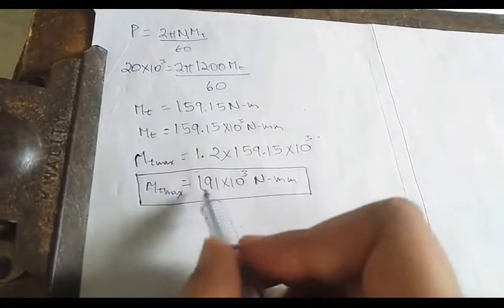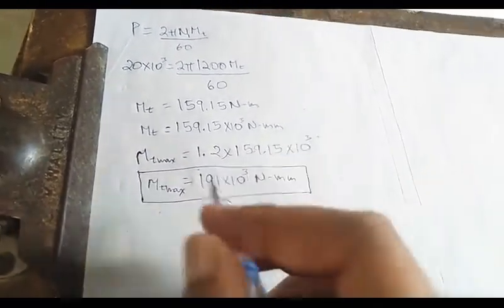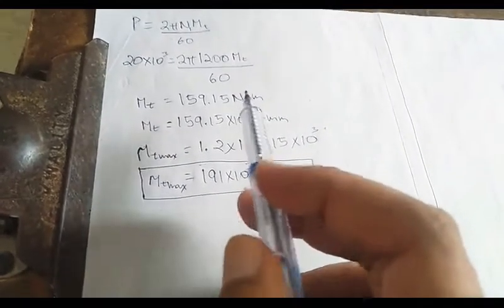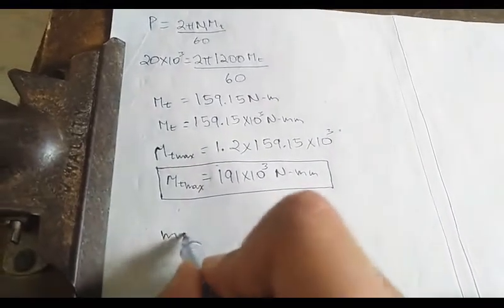The maximum torque is 191 into 10 power 3 Newton mm. We have assumed the values of K and Cv, so we can find the value of module now.